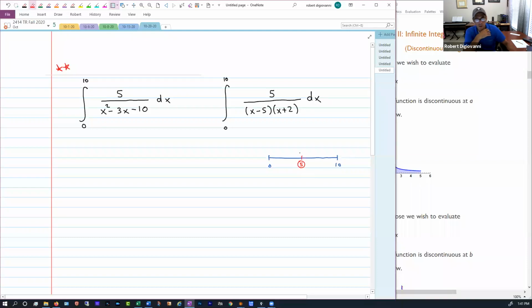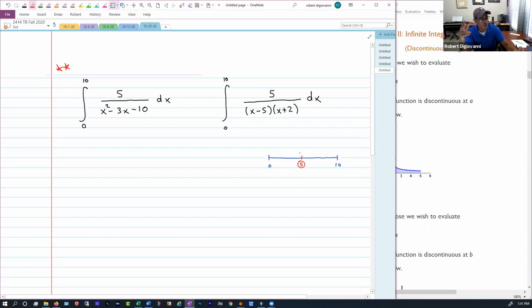We also have a problem at negative 2, but it's not in our interval, so we don't need to worry about it. Had this gone from negative 10 to 10, then we would have to break this into 4 integrals. I wouldn't give you something like that, but that's what would happen.